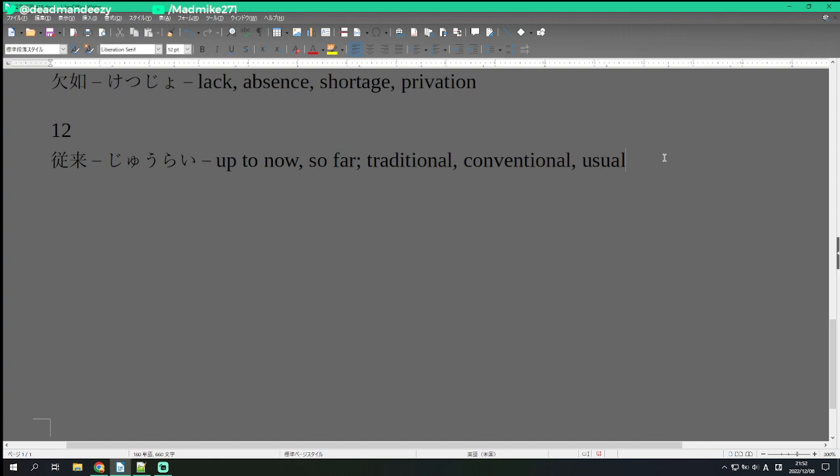Judai is up to now, so far, or the conventional or traditional way in which order was followed to now. Ketsujo is a lack or absence, and our new word is Judai. Judai is up to now, so far, or tradition. Traditional and conventional.